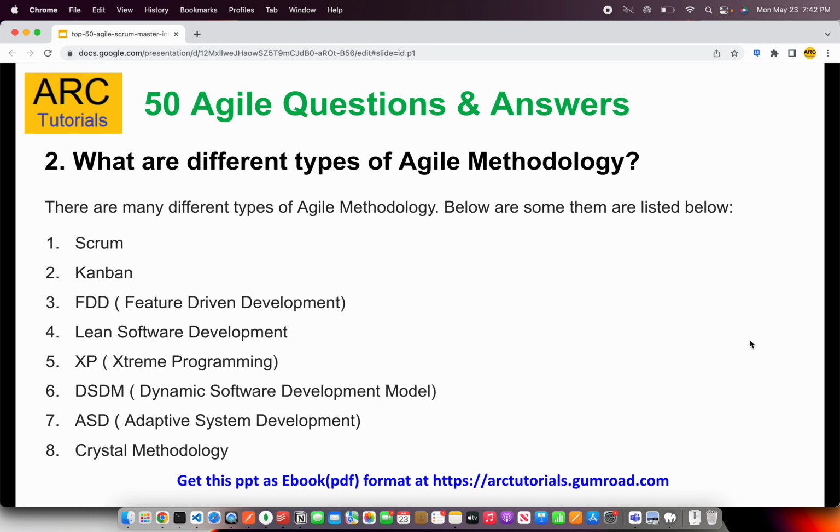So these are the 8 different types of Agile methodologies, but in most Fortune 500 companies, you would generally find Scrum, Kanban, FDD, and XP. These are the commonly used Agile methodologies.